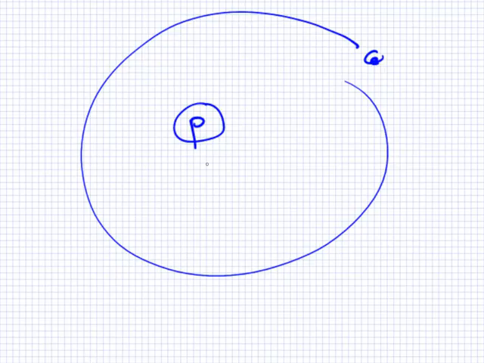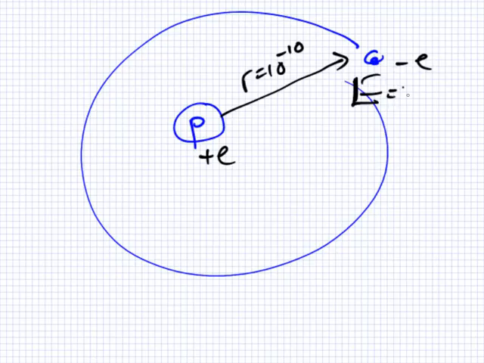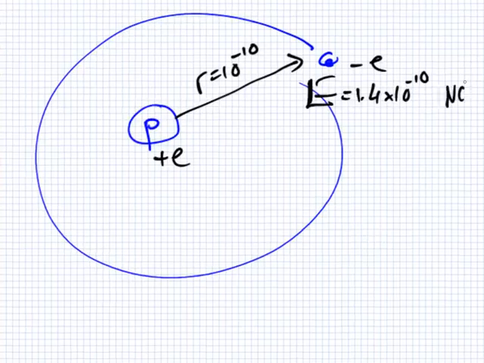We know the charge here is plus e, the charge here is minus e, and the radius is 10 to the minus 10. And the electric field strength here is 1.4 times 10 to the minus 10 newtons per coulomb. So what's the force at the electron?